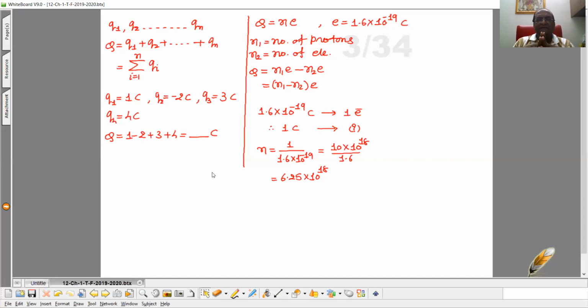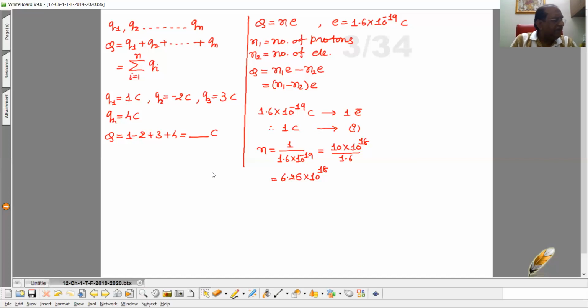It implies that during this interaction, suppose 5 positive charges are produced, then 5 negative will also be produced. And again, if we take the algebraic summation, then the net produced will be equal to 0. So the total amount of charge will remain constant. So that is the conservation of charge. In other words, we can say charge can neither be created nor be destroyed.